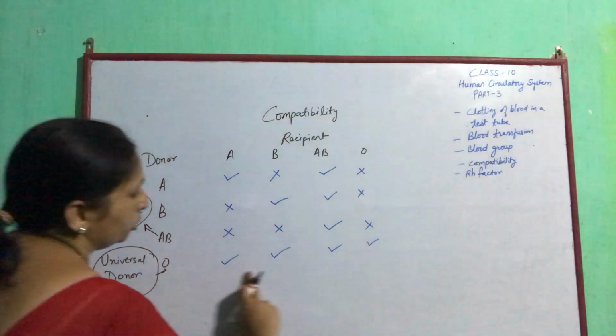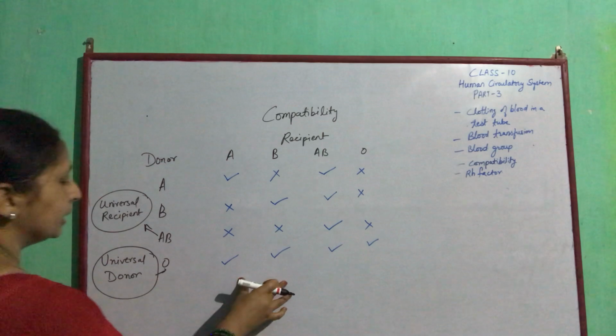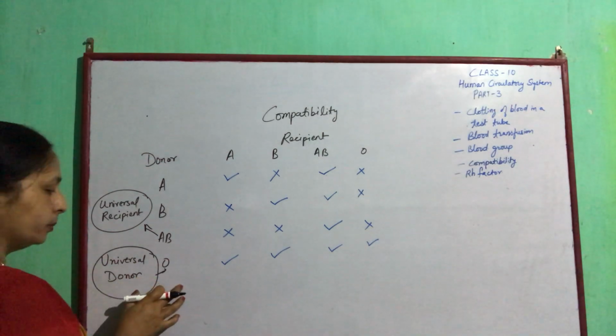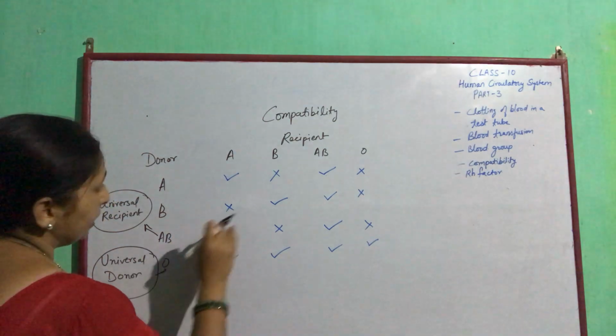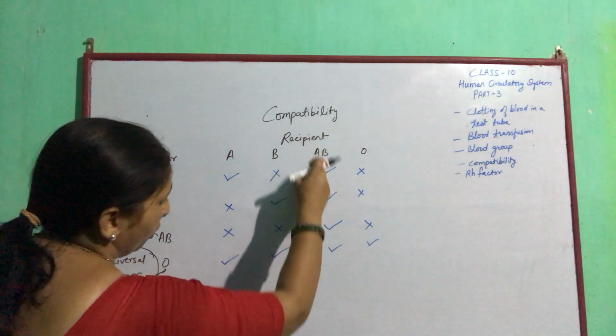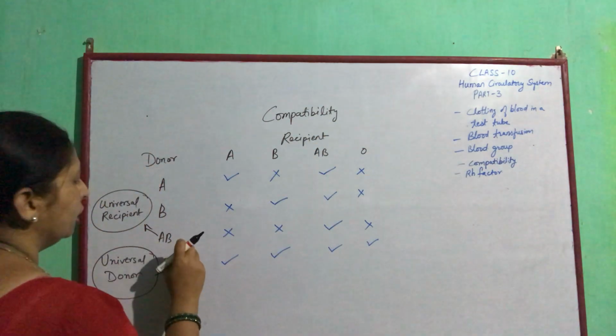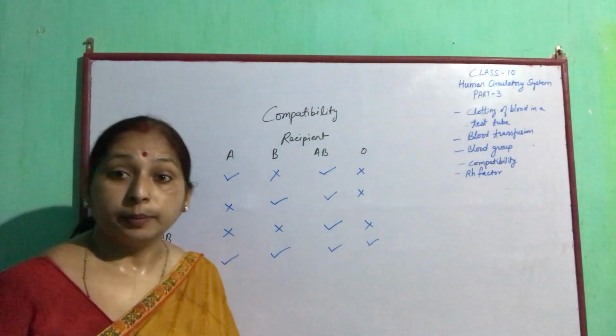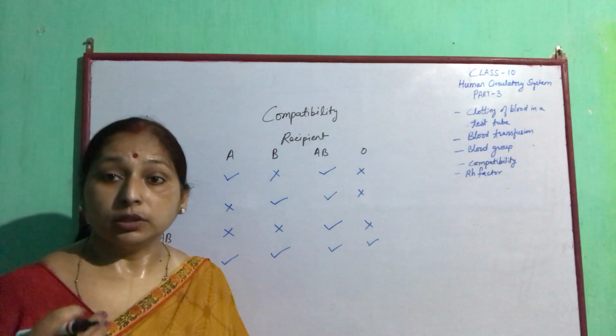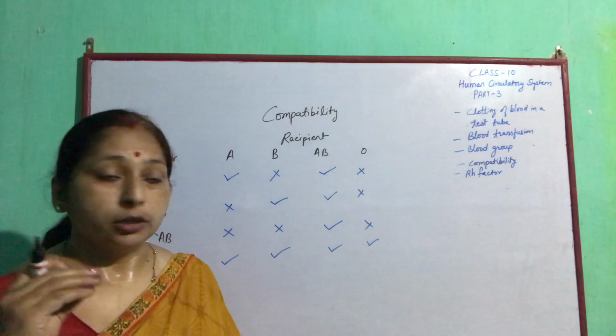O can donate blood to everyone. Since it can donate blood to all 4 blood groups, it is termed as universal donor. AB receives blood from all, so it is universal recipient. And these A and B blood groups are based on the antigen present on the surface of the blood corpuscles.